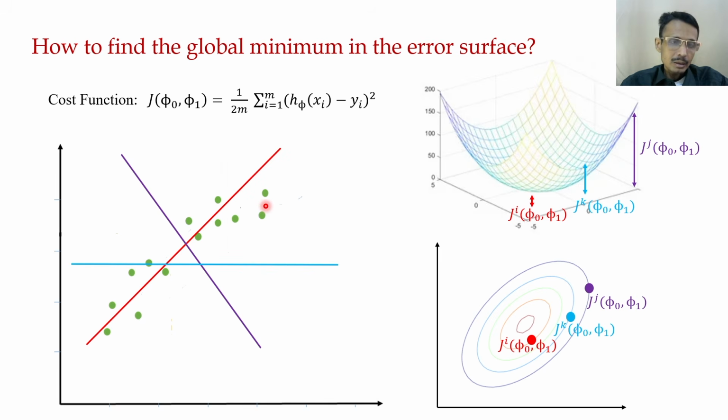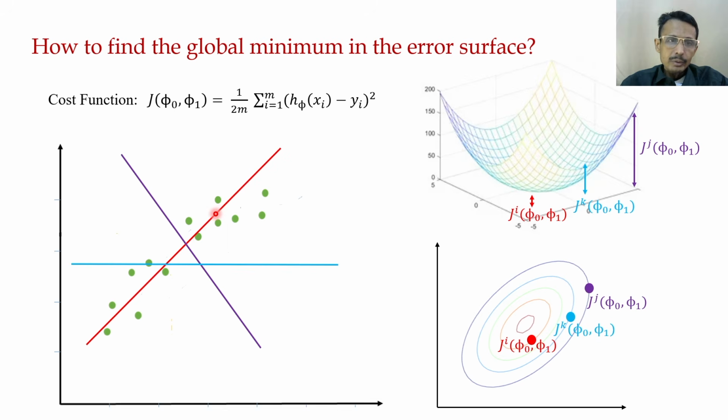Our goal was that given any x, we project it on this line so that we can get the corresponding y value. That was the basic agenda of linear regression.